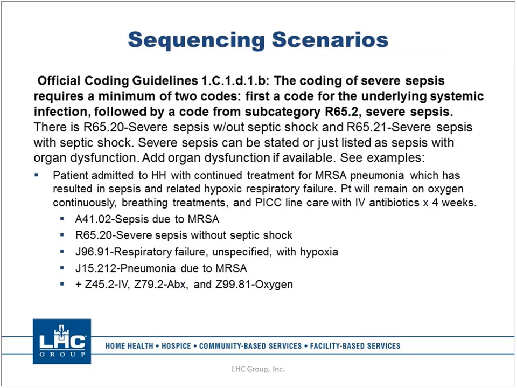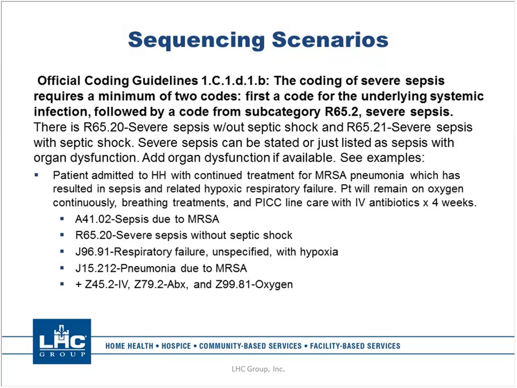Now, you'll notice it says a minimum of 2 codes. One question that we see a lot in Ask Coding or directly to me or directly to Heather is that, well, he didn't say what organ dysfunction is available. Well, if he didn't say, ask. If you don't get it, you can't code anything. You can still code the severe sepsis because you just need a minimum of 2 codes, right?